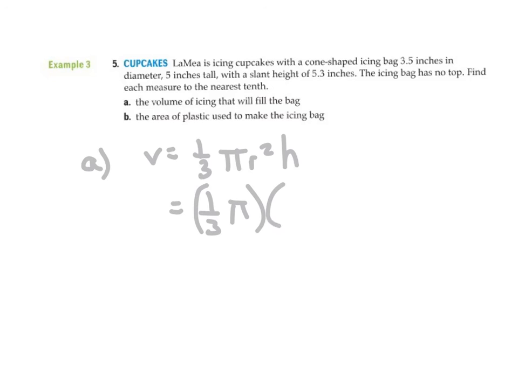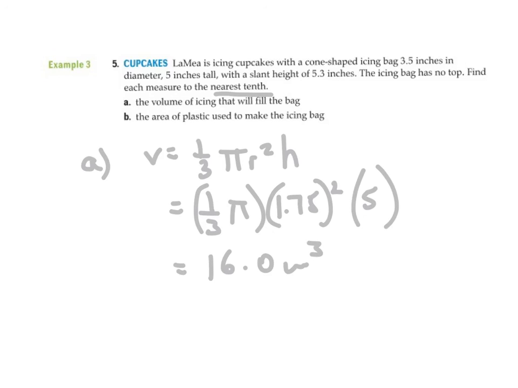Don't forget the radius is half of the 3.5, which is 1.75, and you're going to square that, and we know that the height is the perpendicular height, that's going to give you 5. If you put that into your calculator, you're going to finish up with 16. But I need it to one decimal place, so it's 16.0 inches cubed.